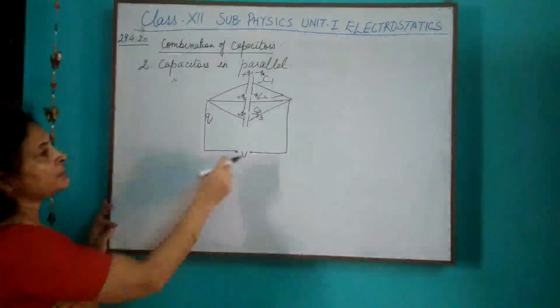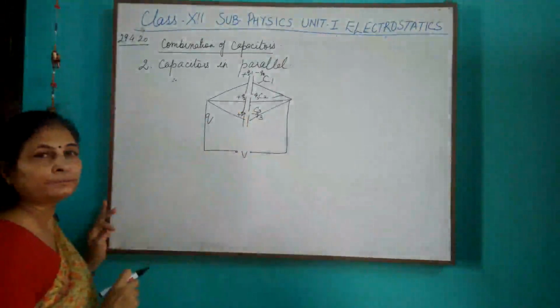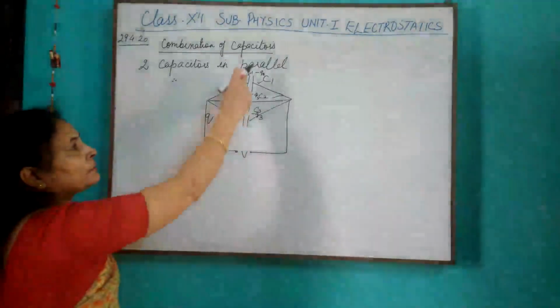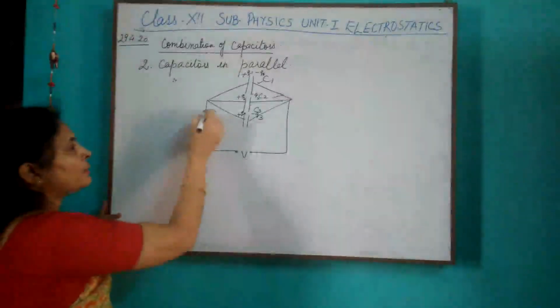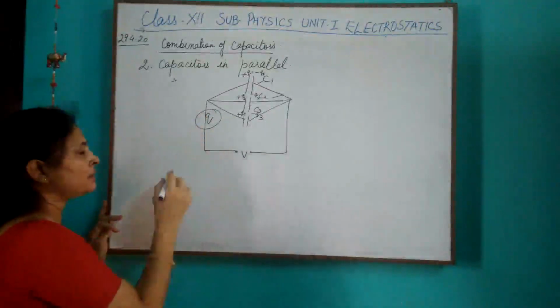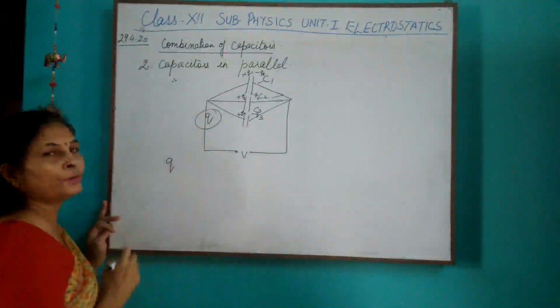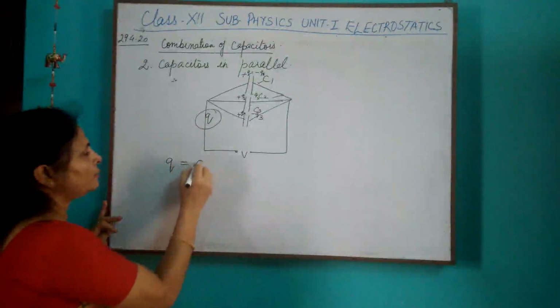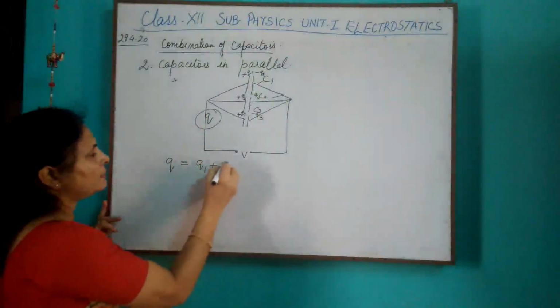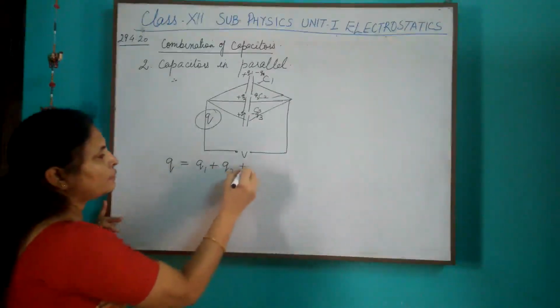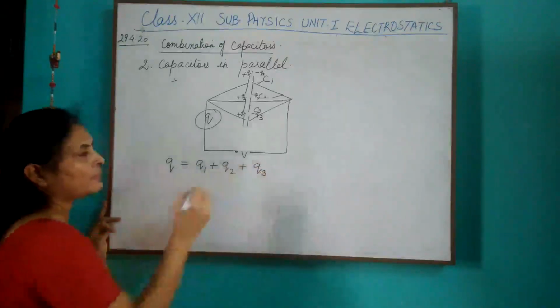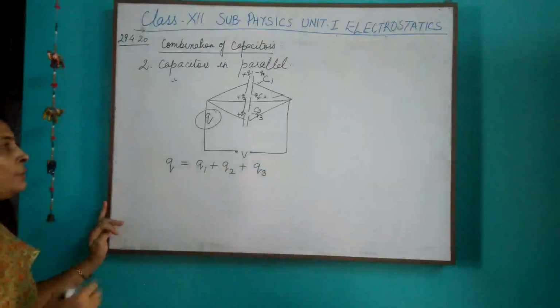Now from here you can see the V is same. What is different? Q. So the total charge which is being supplied to these capacitors, say it is Q, must be equal to Q1 plus Q2 plus Q3.